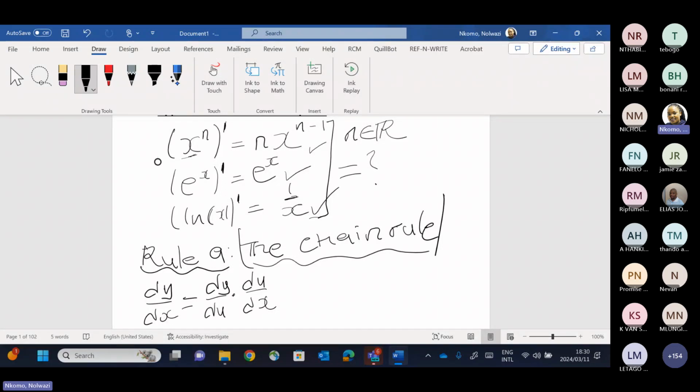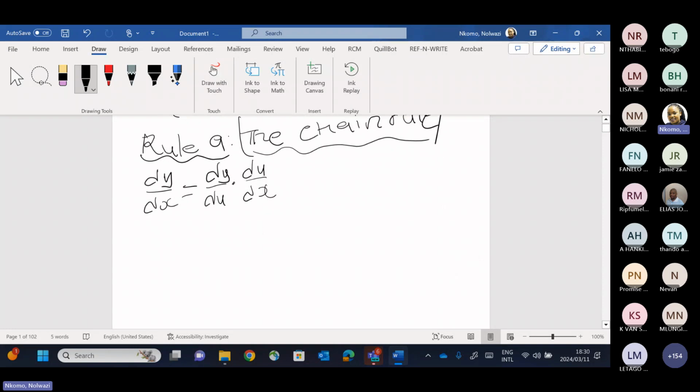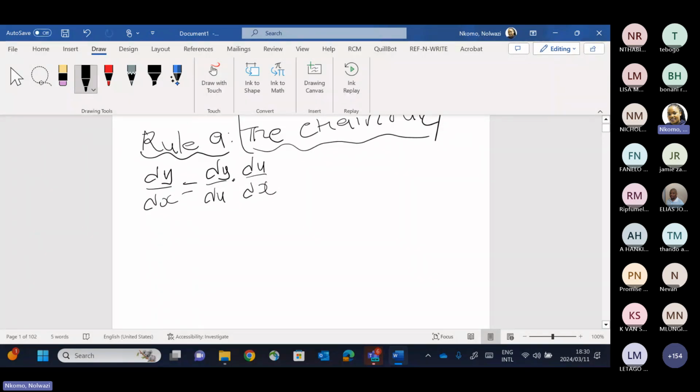For example, suppose you are given a function like this, y equals 2x squared plus 15x plus 9, all to the power 100, right?